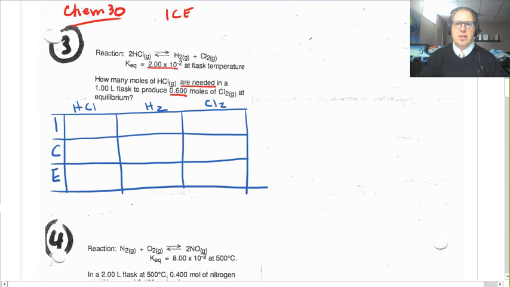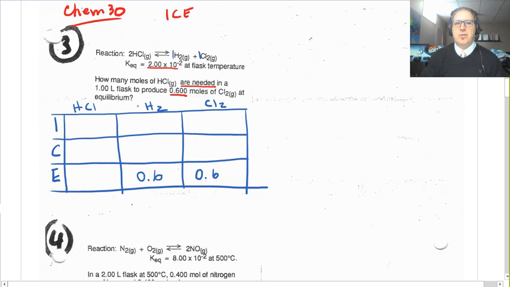So it says how many moles of HCl are needed? My unknown is going to be up here somewhere. How do I build the unknown part up here? Well, 0.6 moles of Cl2 is at equilibrium, so this is 0.6. Because this is a 1-to-1 ratio, I'm also going to have 0.6 here.